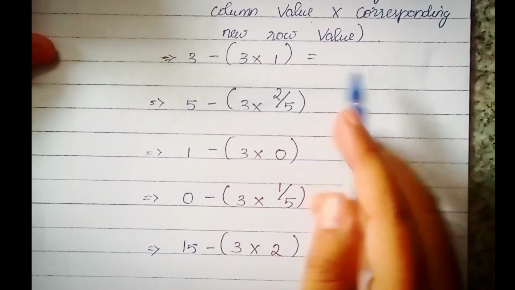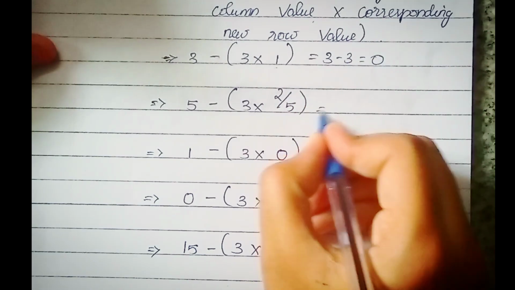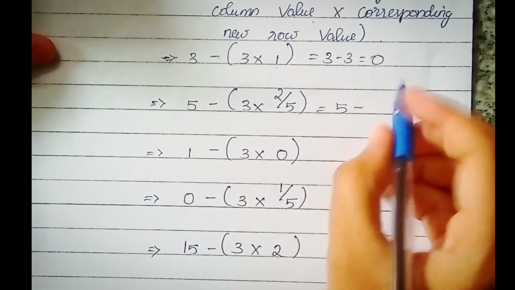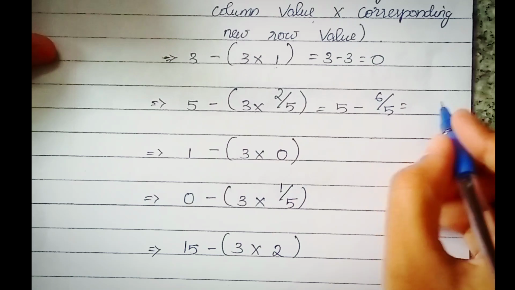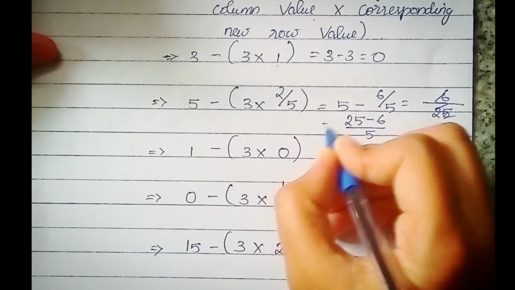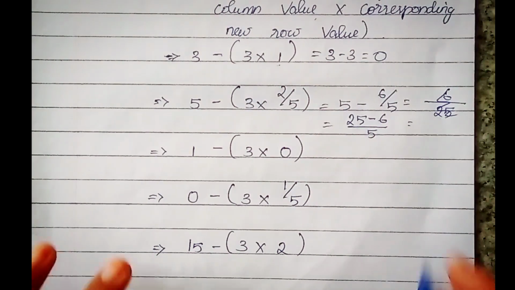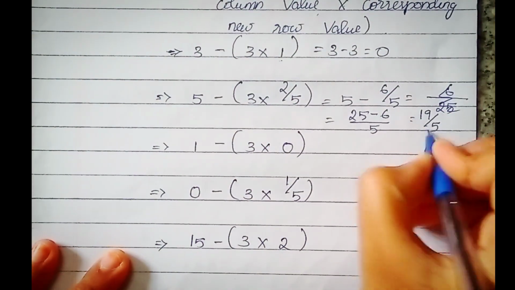So 3 into 1 is 3, so 3 minus 3 is equal to 0. 5 minus 3 times 2 by 5, that is 5 is 25 minus 6 by 5, which is 19 by 5.